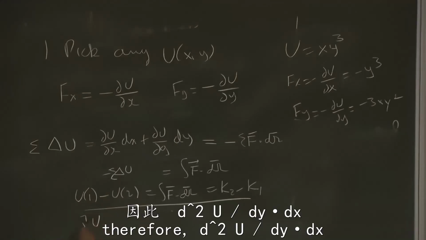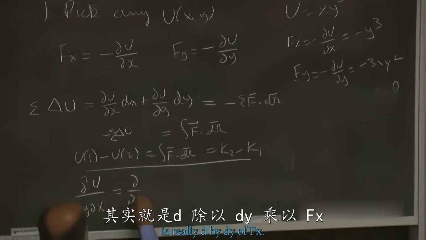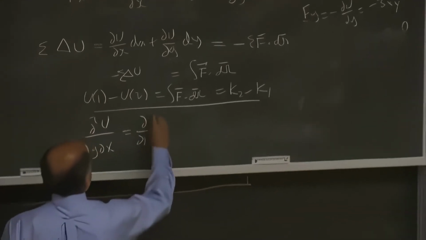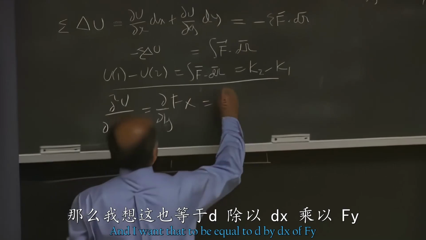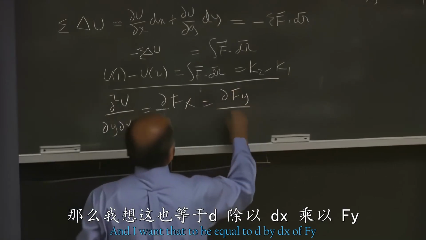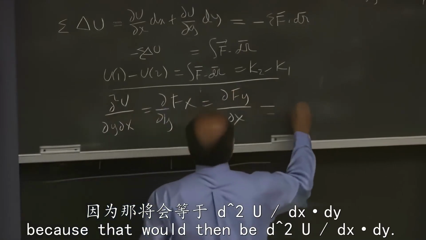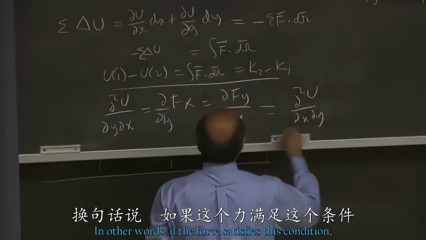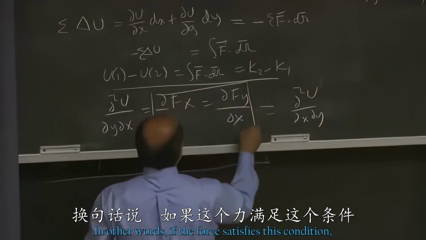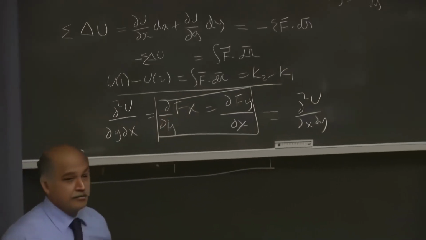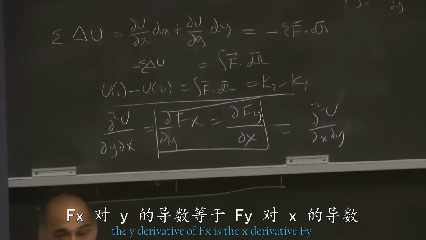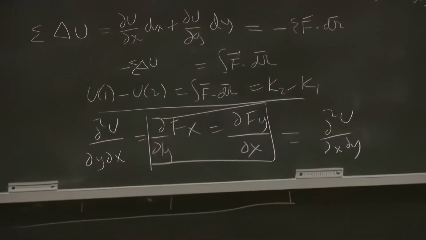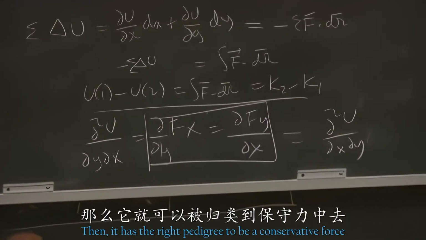Therefore, d2u over dy dx is really d by dy of fx. And I want that to be equal to d by dx of fy, because that would then be d2u over dx dy. In other words, if the force satisfies this condition, the y derivative of fx is the x derivative of fy, then it has the right pedigree to be a conservative force.